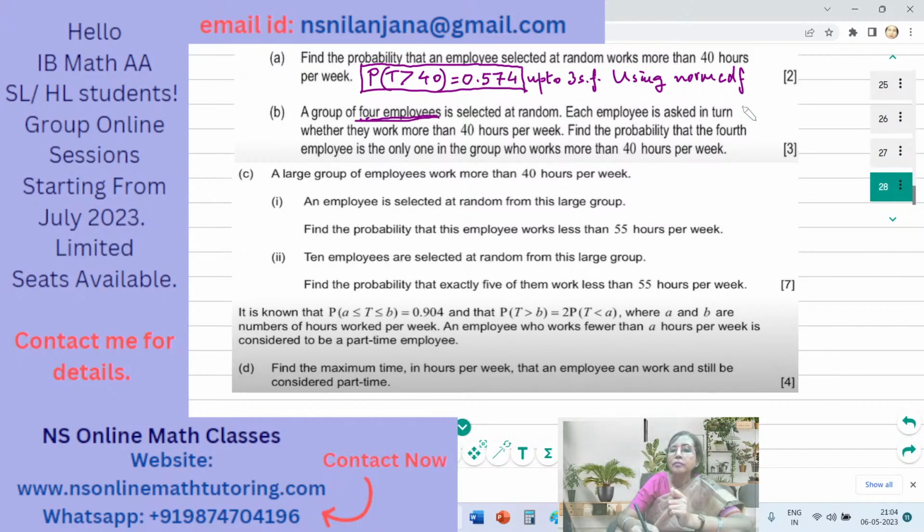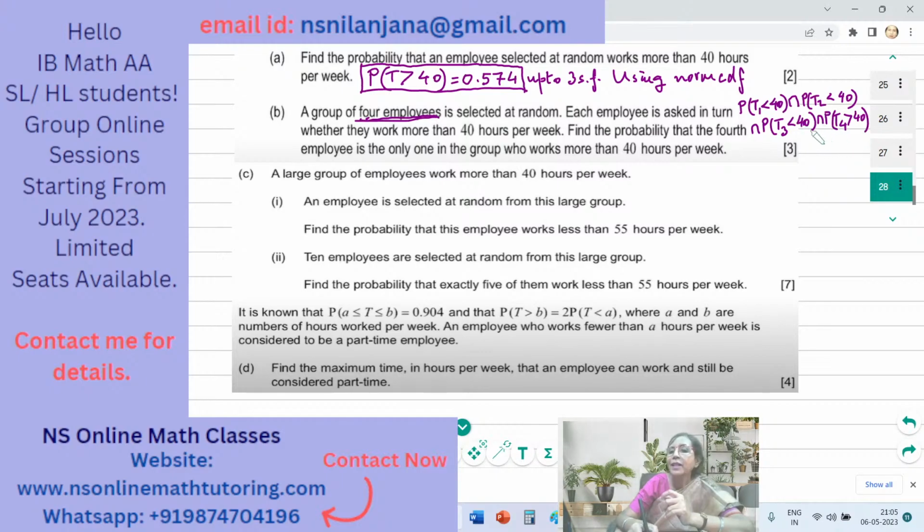It is P of T1 less than 40, where T1 is the time taken for the first employee, and, meaning intersection, T2 less than 40 and P of T3 less than 40 and P of T4 greater than 40.